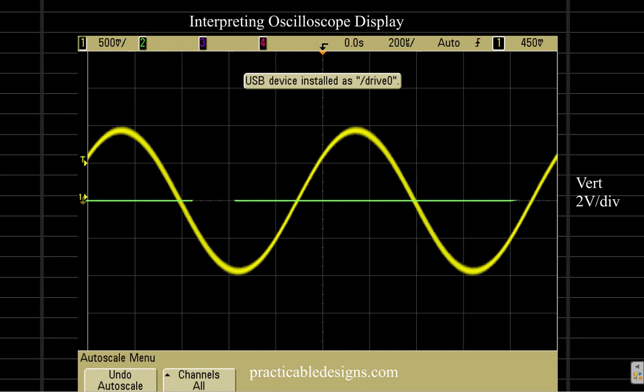The question is, what would be the voltage that you're looking at on the oscilloscope? Let me redraw this line.